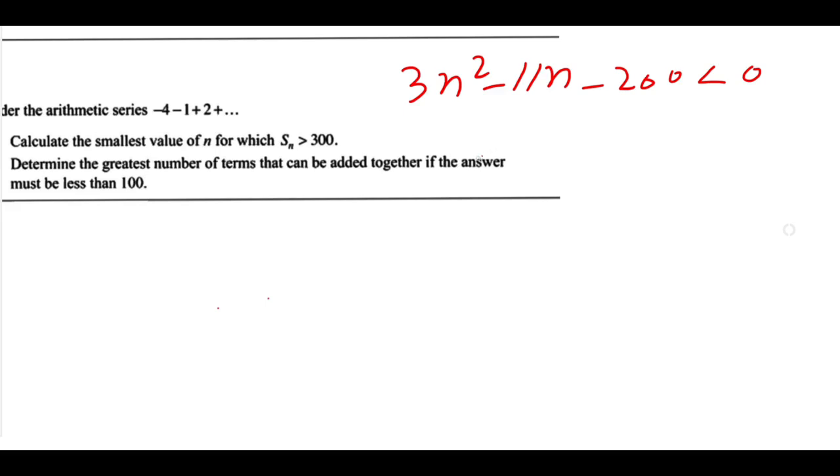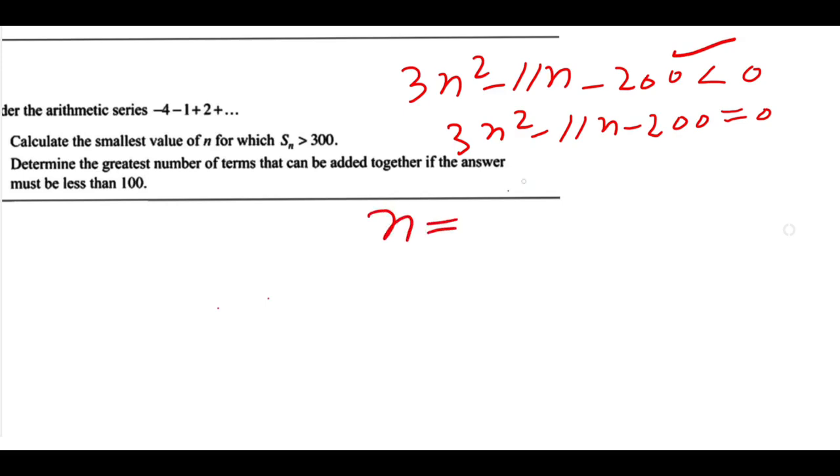Which means 3n square minus 11n minus 200 is equal to 0. I'm going to solve for n here. But remember, we need to prove less than. So n is equal to negative of negative 11, which becomes positive 11, plus and minus the square root of negative 11 squared minus 4ac.